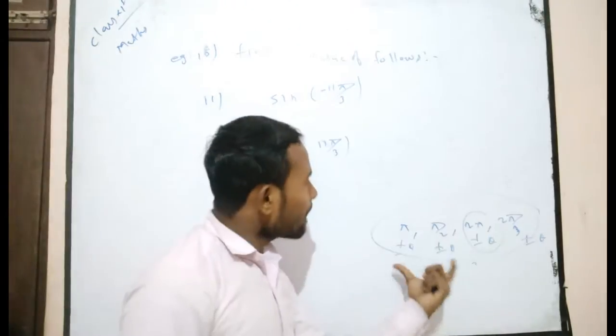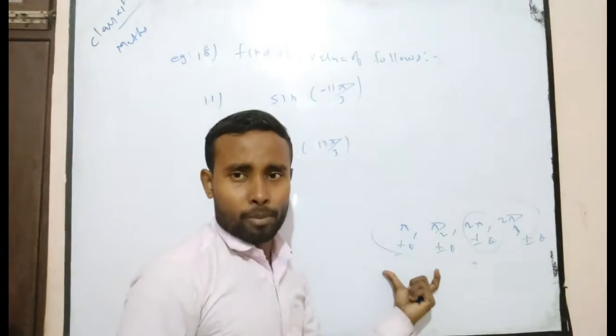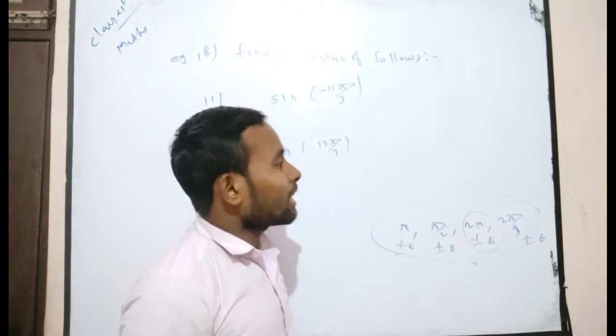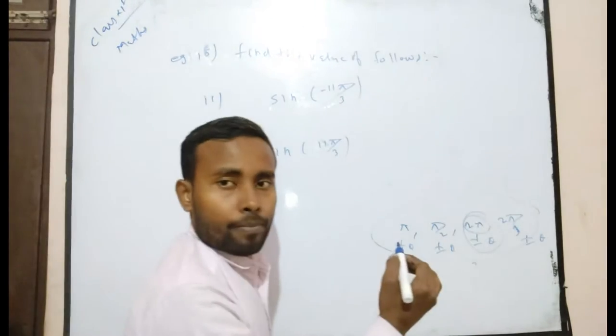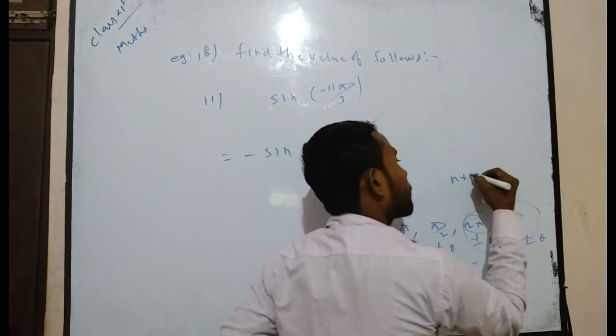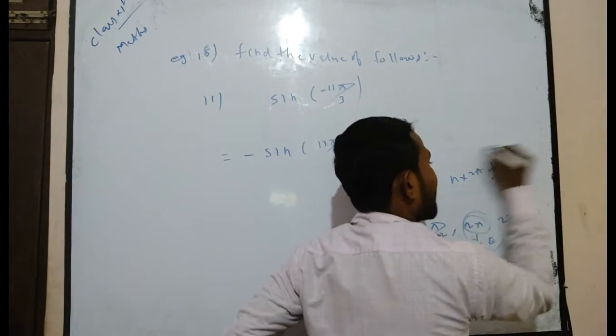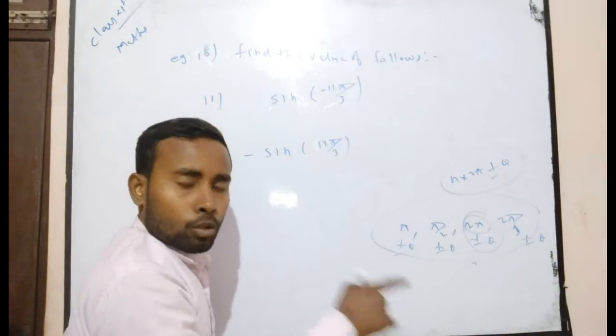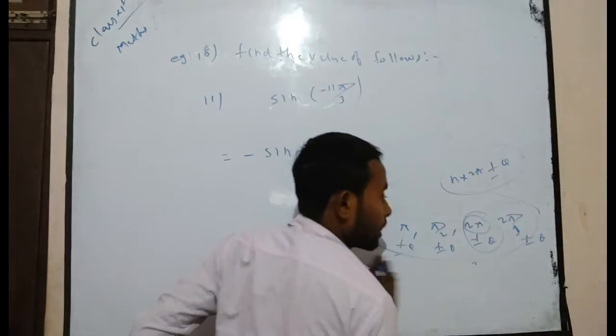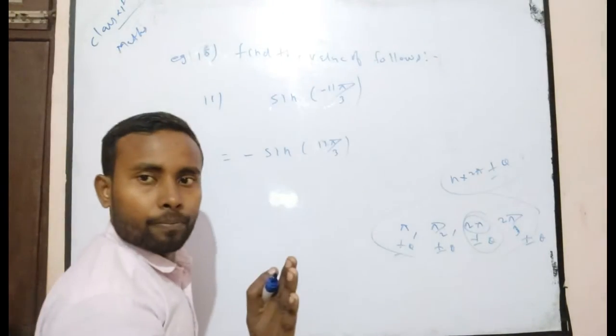Maybe you have to convert this angle into this form. But there is also another form: n times 2π plus or minus θ. This is also a standard formula, so you have to consider it. You can convert in any one way.